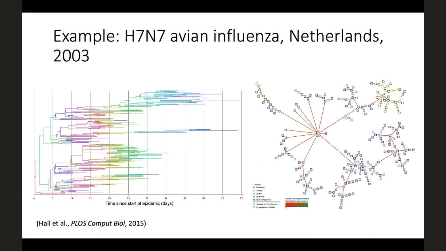So every colour on the phylogeny on the left is a separate farm, and you see how this varies on the phylogenetic tree. And on the right, you have the transmission tree, which shows all the farms as individual squares, coloured by location in the country, and you can then see how that translates to a transmission tree.